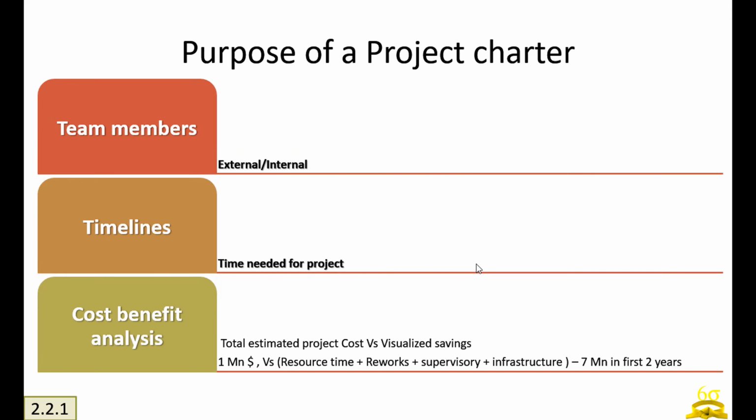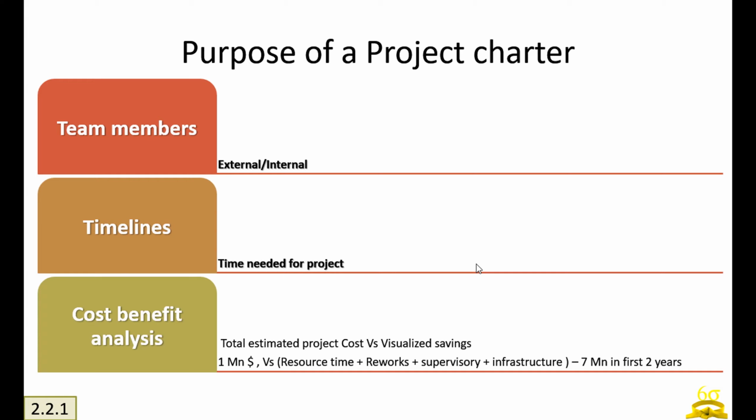Team members can be external or internal, but specify their designation, name, location, the time they are going to be with you, and the skills and requirements. Then finally the cost benefit analysis, which is pretty simple: total estimated project cost versus visualized savings.